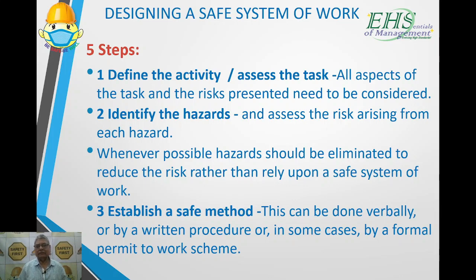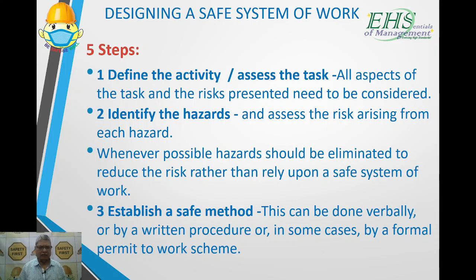Establish a safe method. This can be done verbally or by written procedure, or in some cases by formal permit to work. So, either the instructions are given verbally, when the instructions are very few or very easy to follow. Otherwise, you write down the procedure.